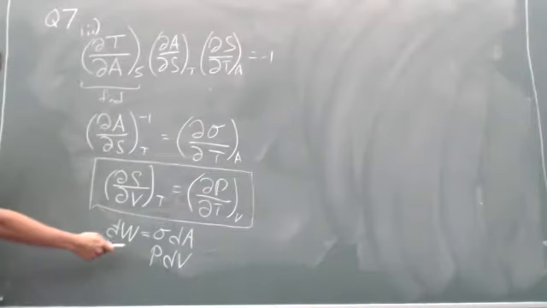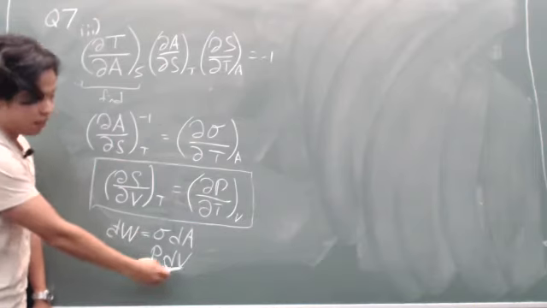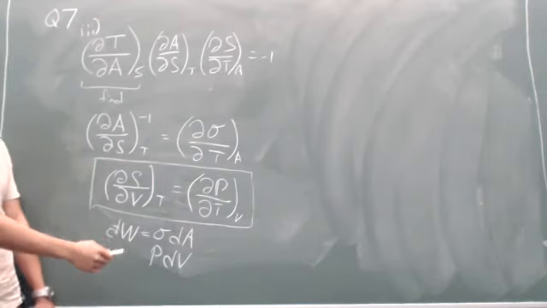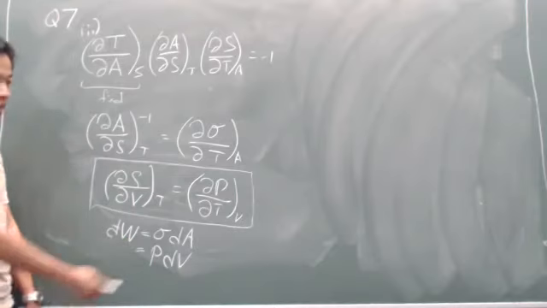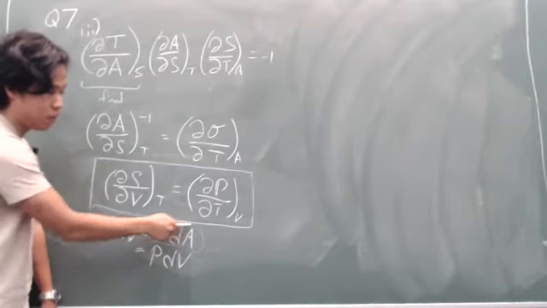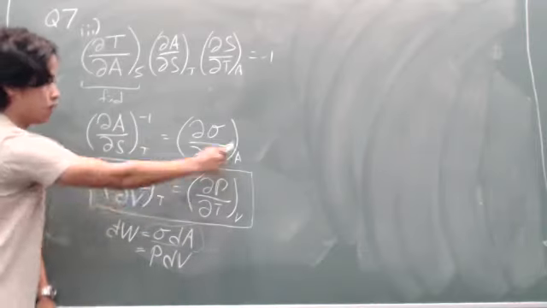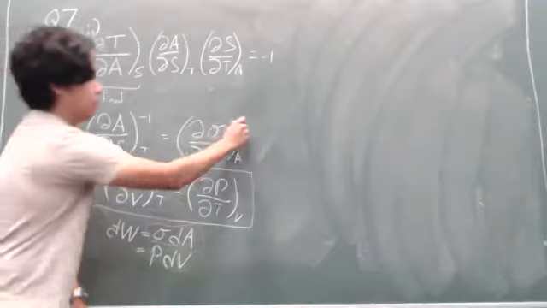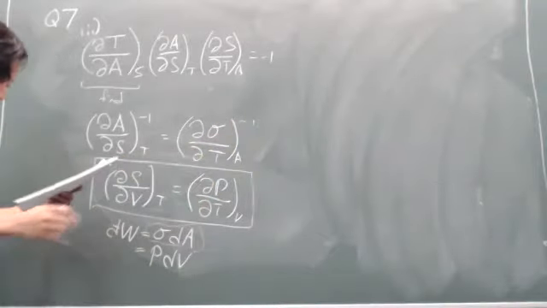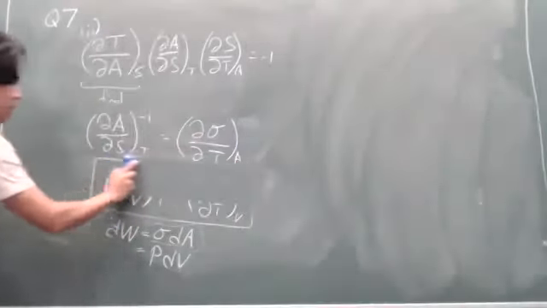So you can think about this as exchanging every time you see the pressure with the surface tension, and every time you see a volume, you replace it with area, since these two are both equivalent definitions of work, and in this particular context we want to use this definition. So every time I see P, I swap it with σ, and every time I see V, I swap it with A. That's basically how we get this. This is inverted, so it looks upside down, but that's the -1. So that's how you get that Maxwell relation.